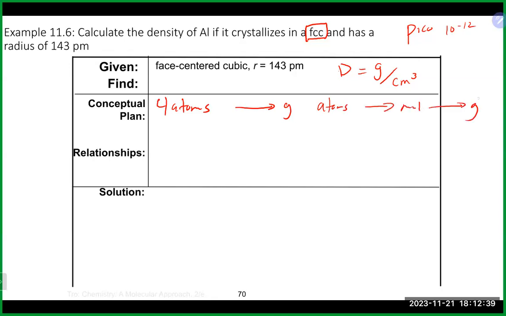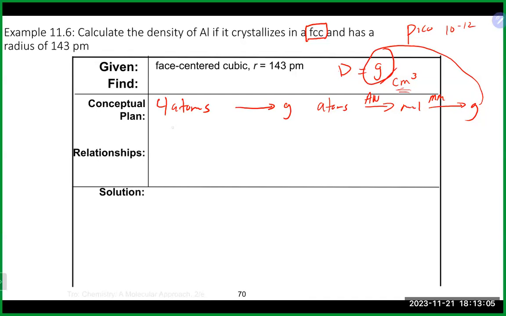That is how we're going to get the grams part, which is going to be the top part of our density calculation. To go from atoms to moles, we need to use Avogadro's number. And we need to use the molar mass to take it the rest of the way to get into grams.